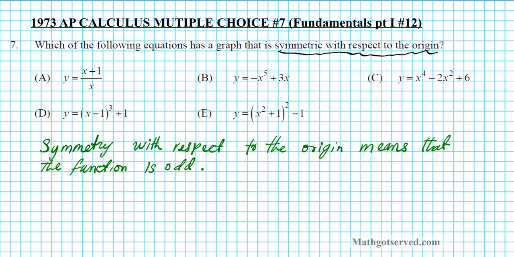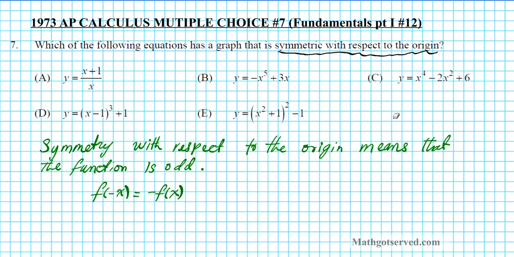If a function is odd, that means that f of negative x is equal to negative f of x. This is what it means for a function to be odd or symmetric with respect to the origin. There's another type of symmetry, which is symmetry with respect to the y-axis.